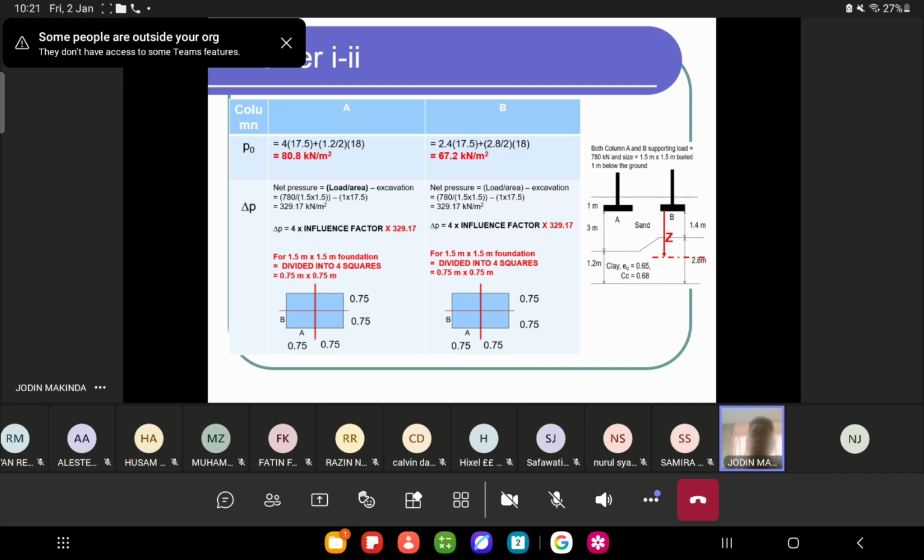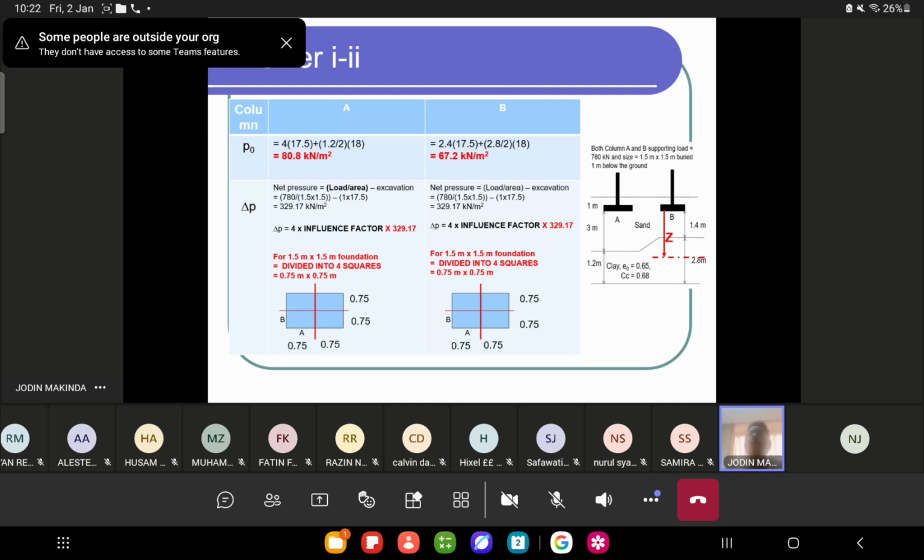And then the excavation is the thickness of the soil that needs to be excavated. So 1.0 meter times the unit weight of the soil, which is 17.5. Therefore, the net pressure is 329.17 for both column A and column B. This is the net pressure.